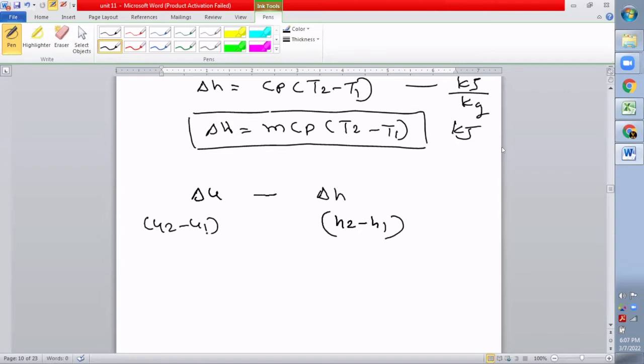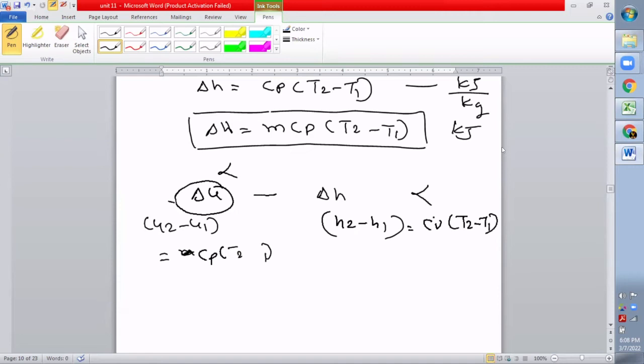Many times students make a mistake: for unit mass, they write U2 minus U1 is equal to Cp(T2 minus T1), and H2 minus H1 as Cv multiplied by (T2 minus T1). So it is completely wrong. Del U we always need to express in terms of Cv, and del H we always express in terms of Cp.